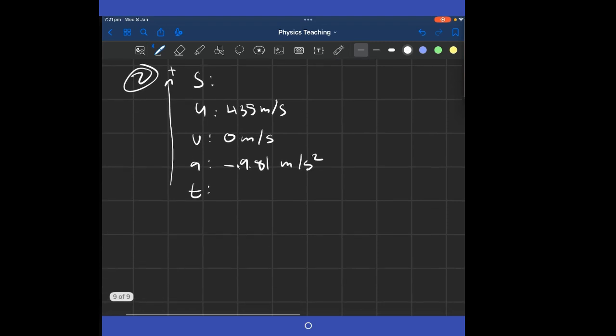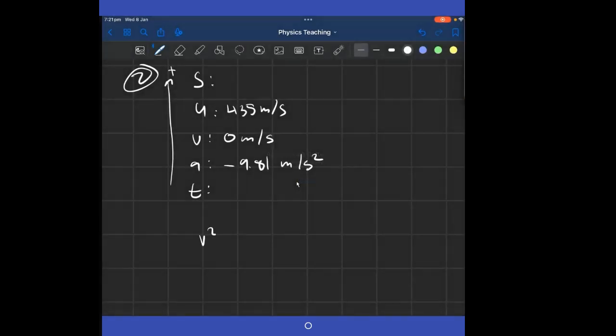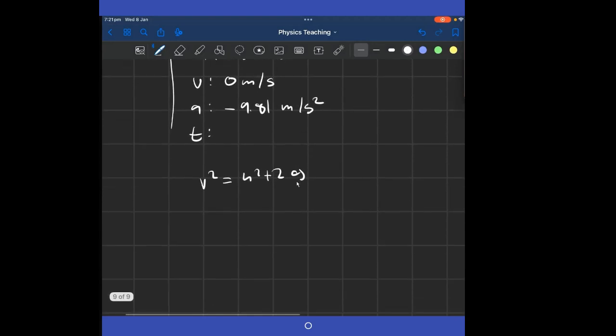Now let's find S. The equation we're going to use is V squared is equal to U squared plus 2AS. I'm pretty sure that's it from memory. We're solving for S, so always rearrange first, then substitute.